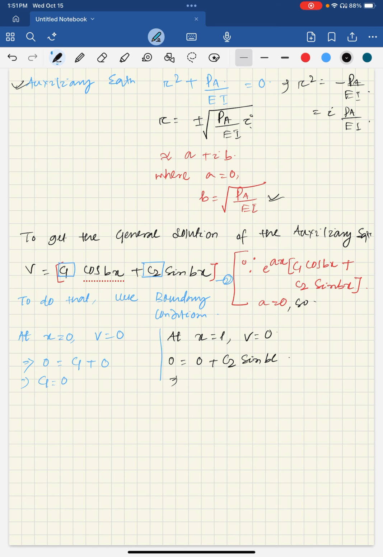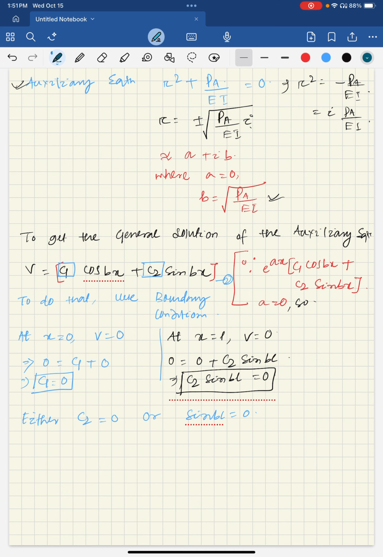Now this is going to be c2 sin bL is equal to 0. This is going to be a bit tricky here. Here, either c2 has to be 0 or sin bL has to be 0, right?